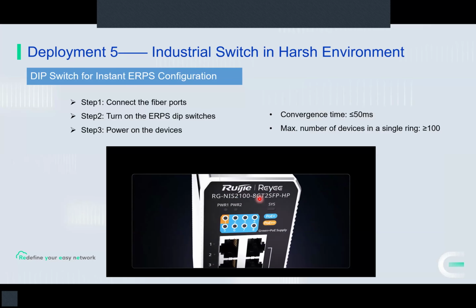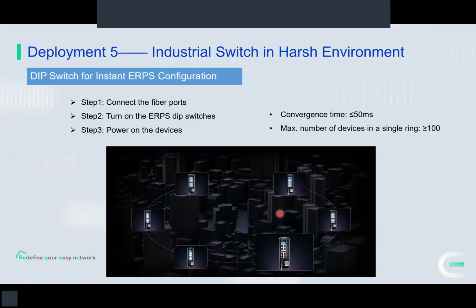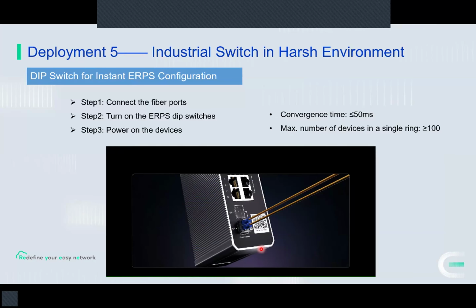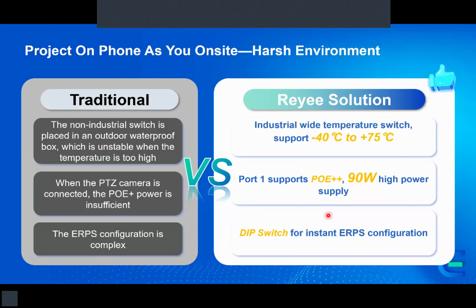You can see, you just click this button, and it will generate the ring automatically. So the ERPS is very easy to set up for the industrial switch. Okay, so let's draw a conclusion for the industrial switch: it supports wide temperature and PoE++, and uses the DIP switch for instant ERPS configuration.